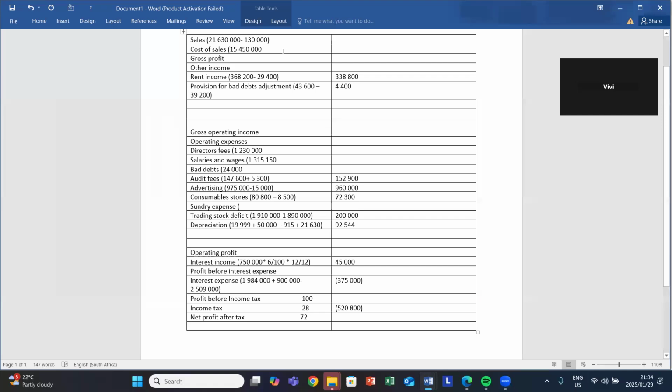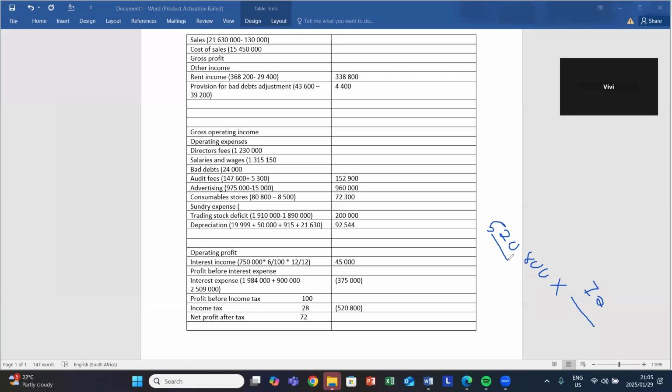And then at this stage, we'll just manipulate or play with our figures. We'll use our traditional formula of amount multiplied by what I want over what I have. The amount that we have is 520,800. Multiply by what I want. Let's say we're looking for net profit after tax. We'll say multiply by 72 divided by what I have. What do I have?